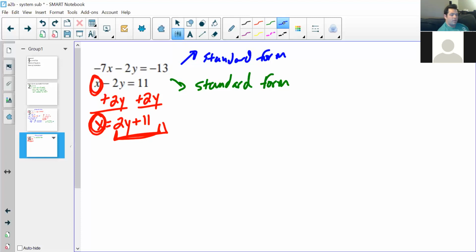So I'm going to rewrite out the first equation now, and I'll go ahead and substitute what I know for x in for x. So there's my -7. Here comes the x.